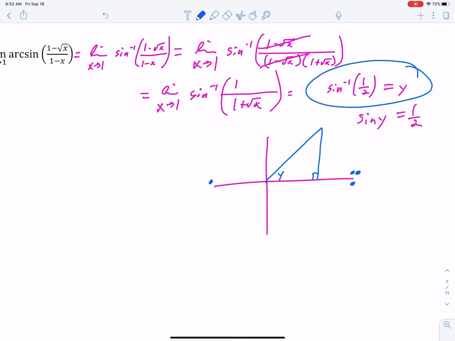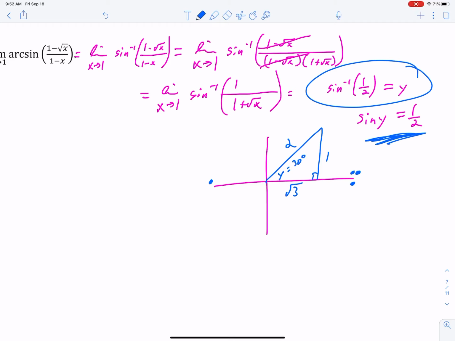All right, there's angle y right there. Sine from SOHCAHTOA, right? Sine is opposite over hypotenuse. So hopefully your knowledge of 30, 60, 90 triangles comes into play here, which means that's rad 3. So now you got to think a little bit. What angle is y? Y is the 30-degree angle.